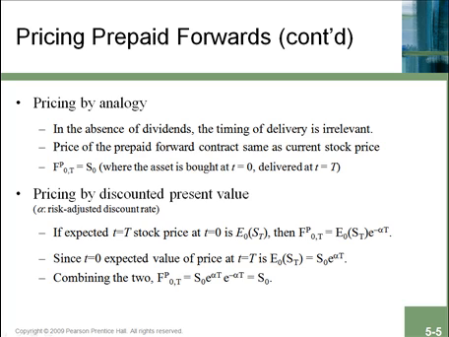First of all, let's just think about it. Let's price this thing by analogy. If the stock pays no dividends between time 0 and time T, then it doesn't really matter to the investor where along that timeline they receive it. I could receive the stock today, or I could receive the stock in the future at time T, and I haven't really missed anything, and I'm not really counting anything like voting rights in the picture here.